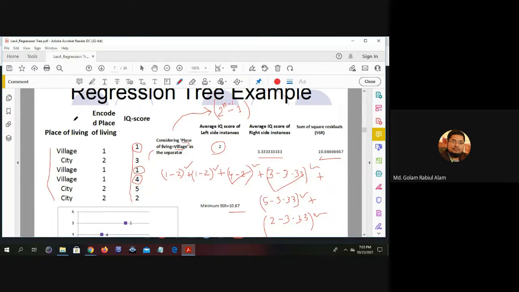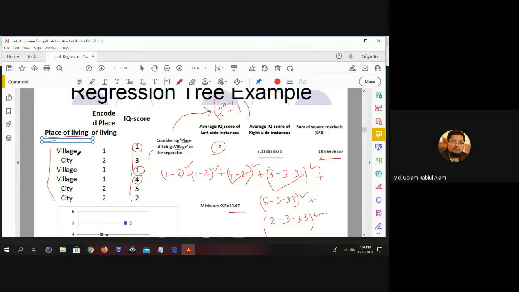We have already determined that if we consider age, then S21 is the separator. Now we have to think about the other variable, which is the place of living. If we had multiple variables, we would consider them one by one. So the place of living is our next variable.